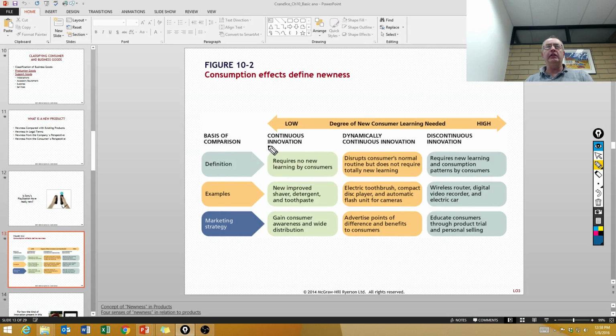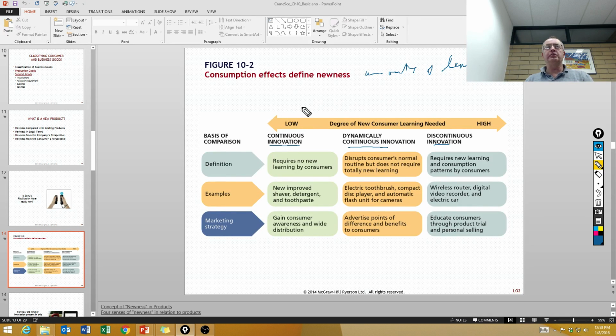I have to admit these names are kind of complex to remember, but it's all based on amounts of learning required to use the product.